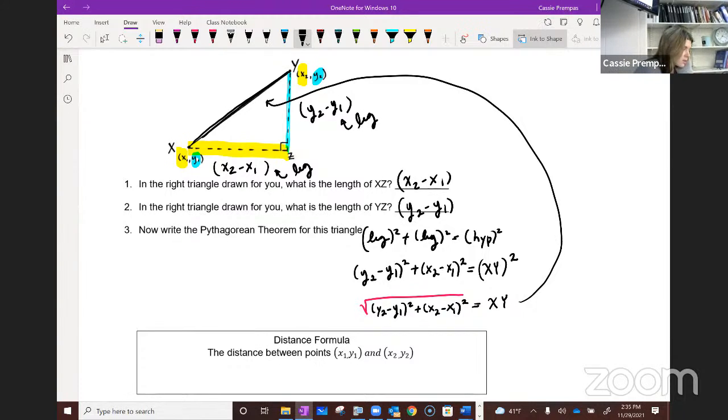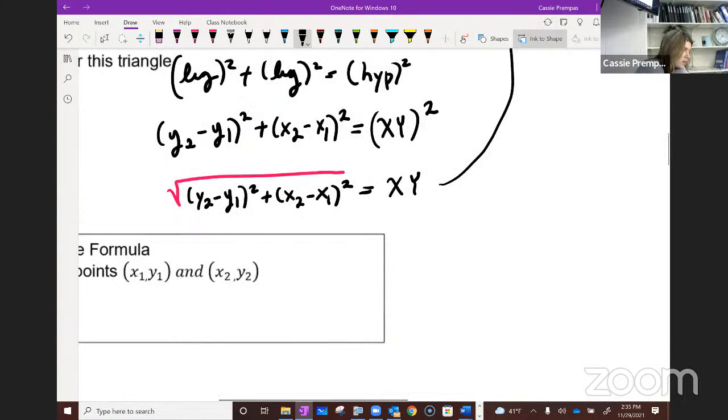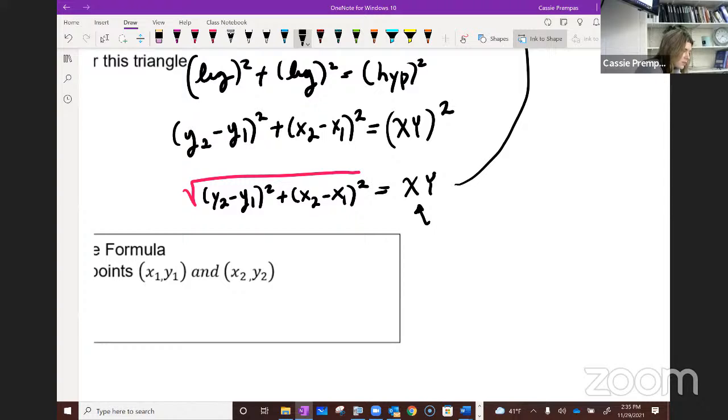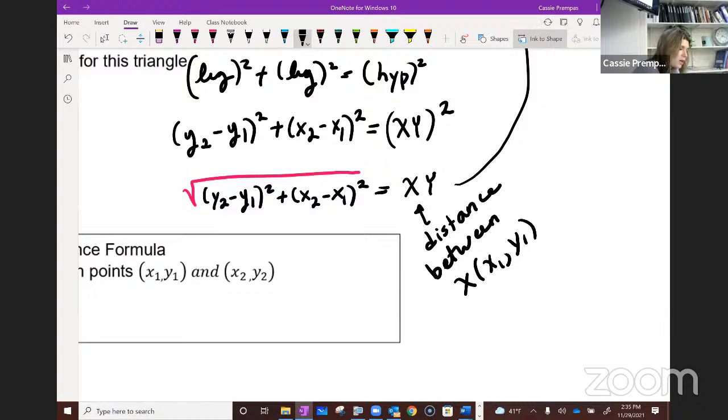So let's go ahead and write that down. This here represents the distance between point x, which was shown with any generic coordinate, x1, y1, and point y, which was shown with any generic coordinate, x2, y2.